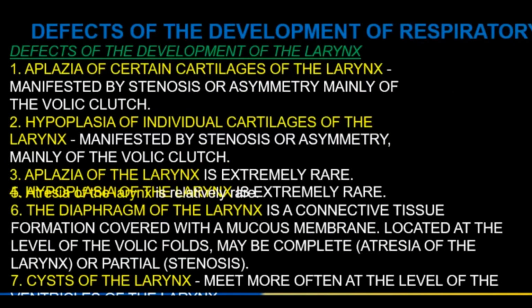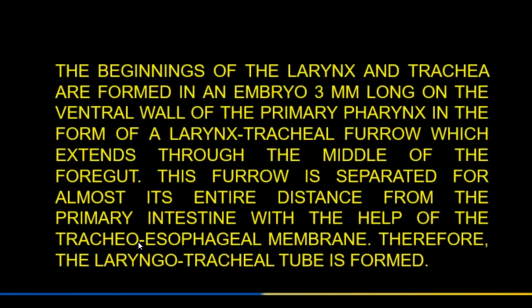Some defects of development of respiratory organs are defects of development of the thorax and of the larynx, and some variants with changing forms of the larynx, aplasia, cysts, and others.